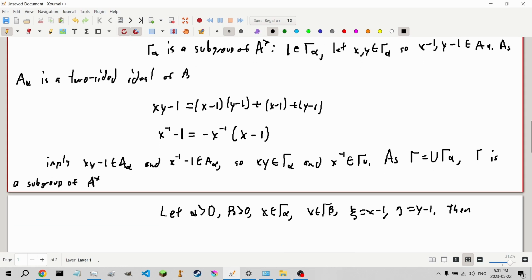Then the commutator of x and y minus 1 is equal to x inverse y inverse times the Lie bracket of xi and eta.